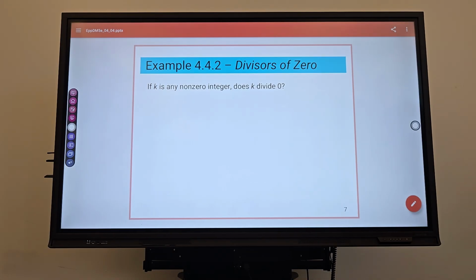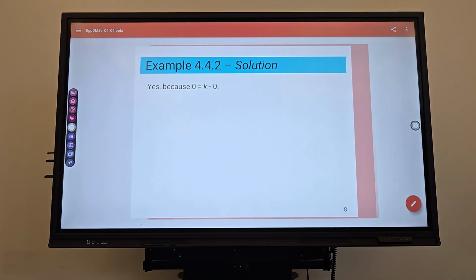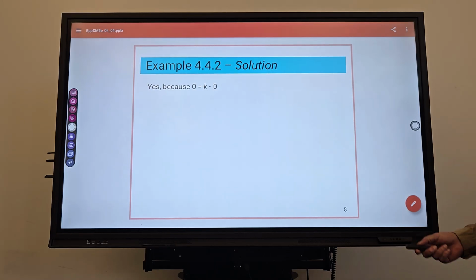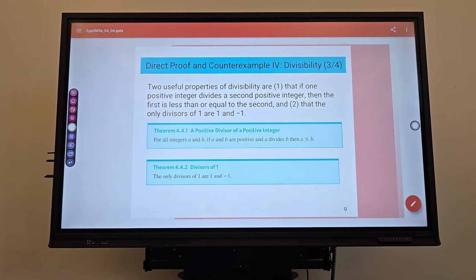If k is any non-zero integer, does k divide 0? Yes, because 0 equals k times 0. So it does divide 0. 2 useful properties of divisibility are: 1, that if one positive integer divides a second positive integer, then the first is less than or equal to the second.